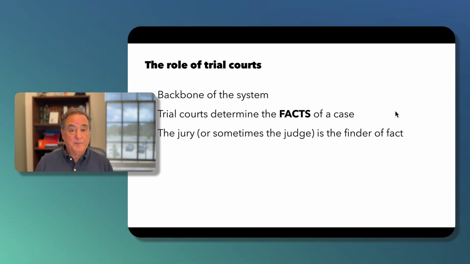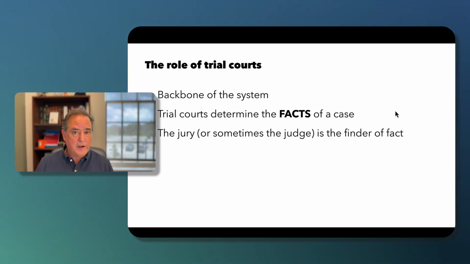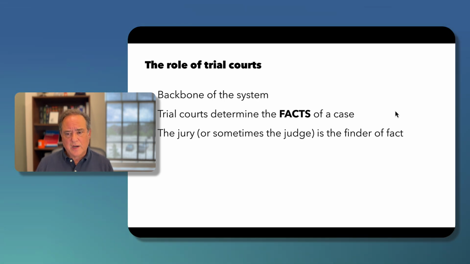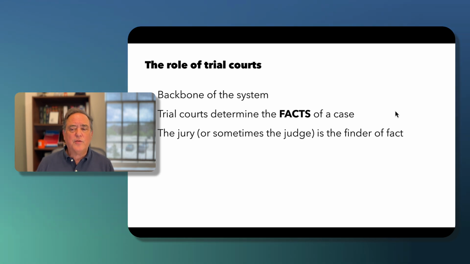Now, many times litigants would generally prefer to avoid going to a jury trial. And so sometimes you will see the judge take on the role of the finder of fact. So the judge will actually do the same work as the jury does.